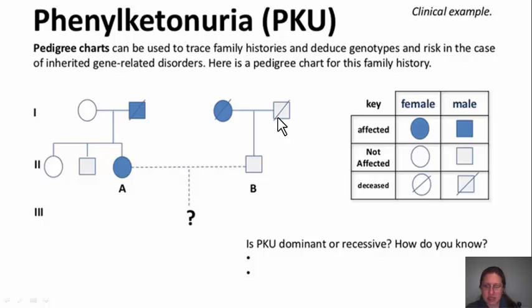So take a second and see if you can figure out what's going on here. Is PKU a dominant or recessive disorder? And how do you know? So again, this one is just like the other, where the affected is shaded and the non-affected is not shaded. And we have 3 of the grandparents that are deceased.